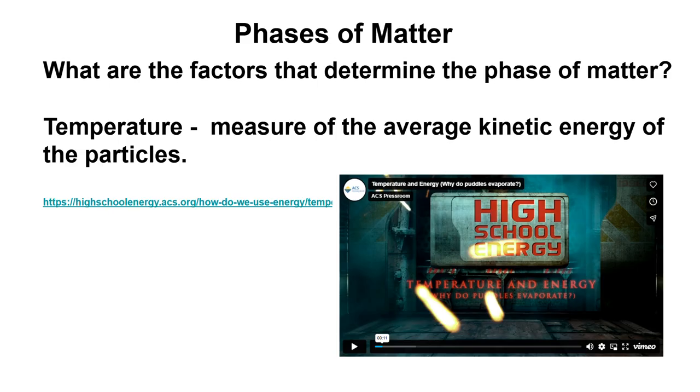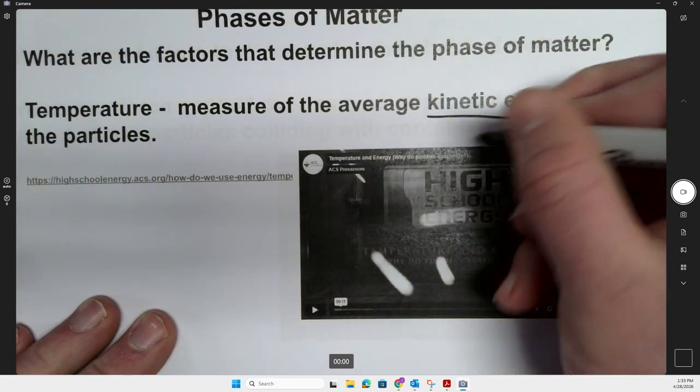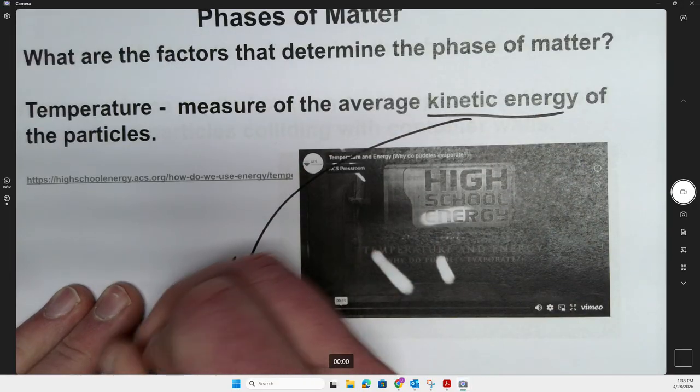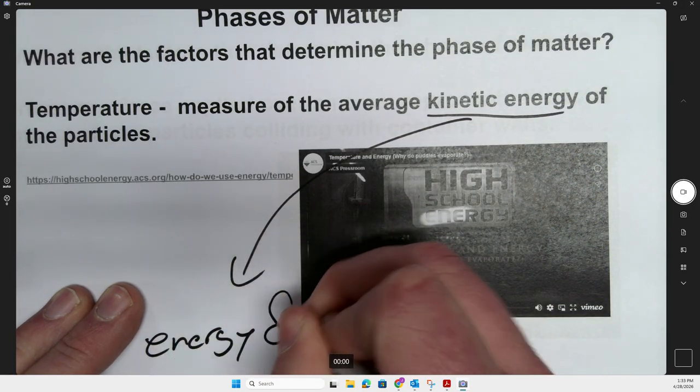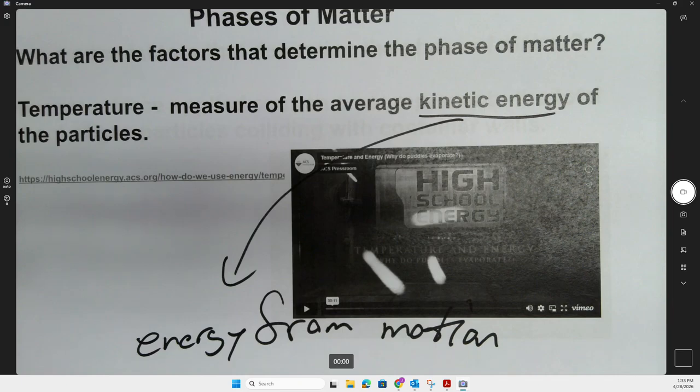Now, when I say kinetic energy, what do you think of when you think kinetic? Things moving around. Kinetic energy is just the movement, my energy from motion.